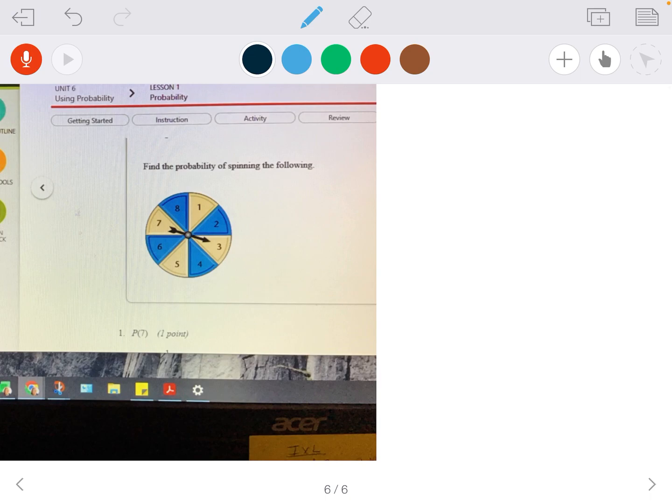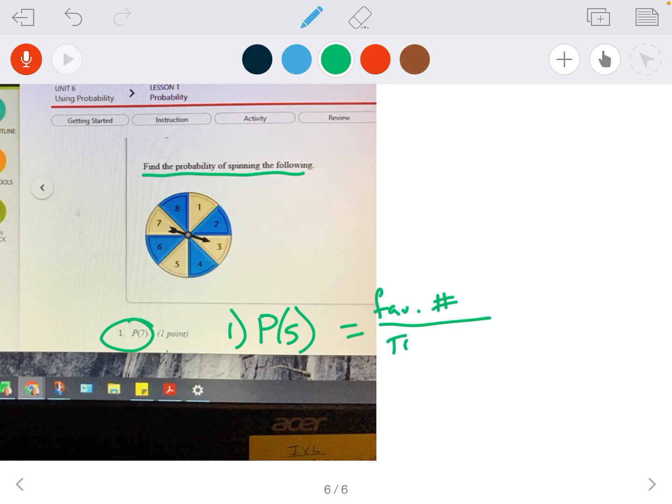And then the final thing I want to talk about is your quick check. I don't like that they just threw this at you without giving you any practice with a spinner. So I'm going to show you, this is the probability of 7 on your quick check. I'm going to do the probability of 5, which is going to be very similar. Remember, the probability is the favorable number over the total number of outcomes.